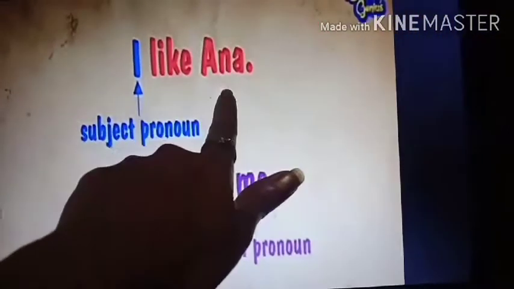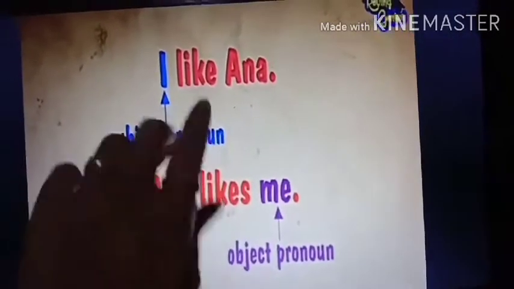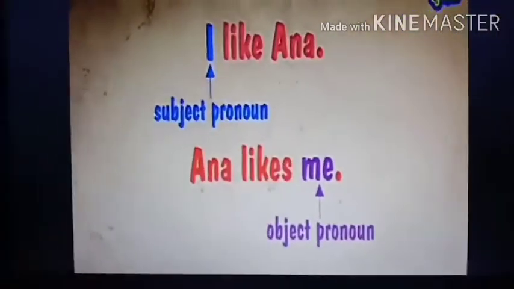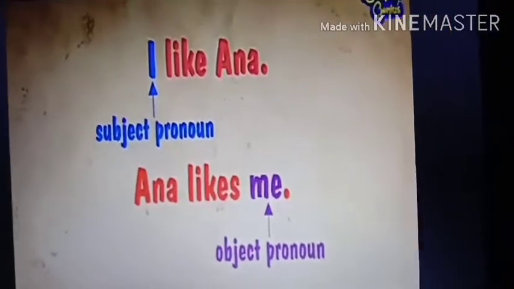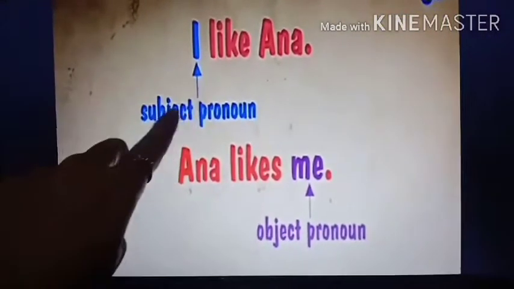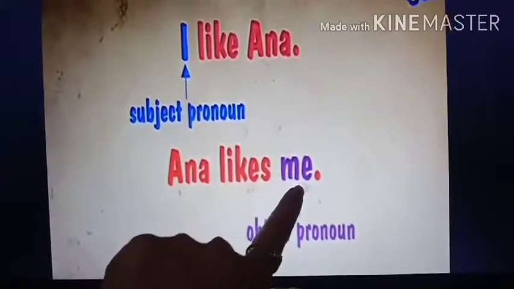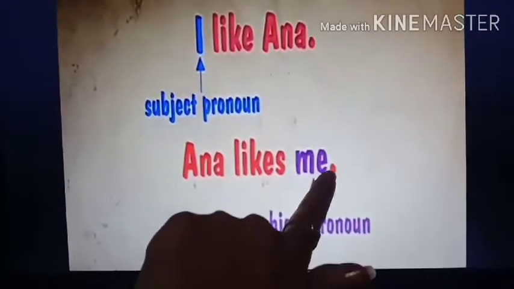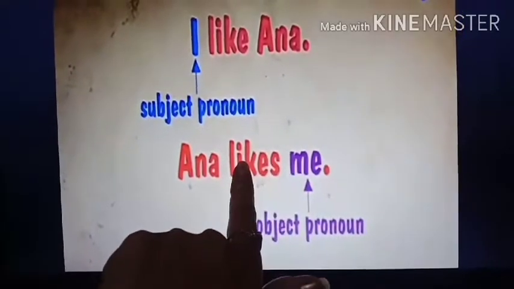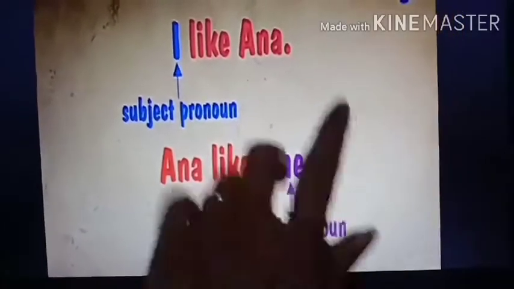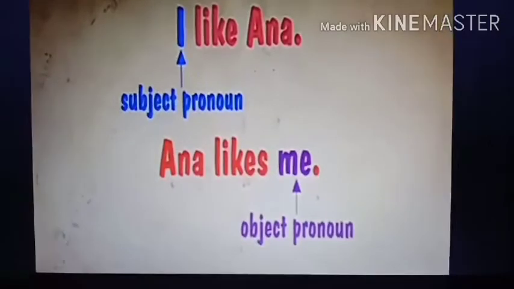I like Anna. So I is the subject pronoun because I is doing the action. It is before the verb, so it is subject pronoun. Anna likes me. Likes whom? Me is after the verb, so it is the object pronoun. It is receiving the action.